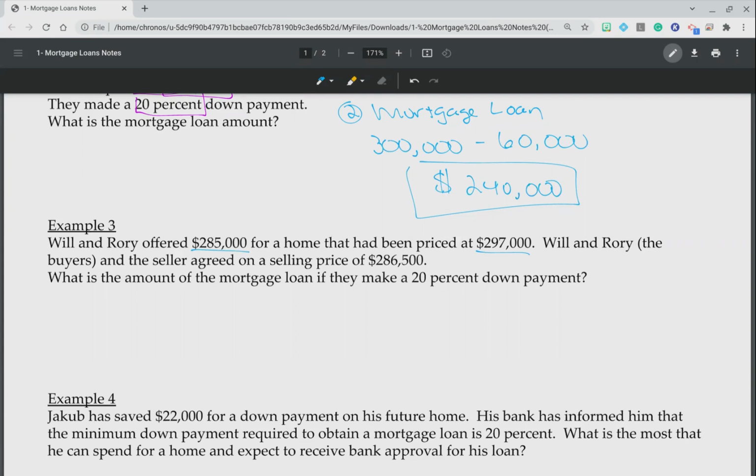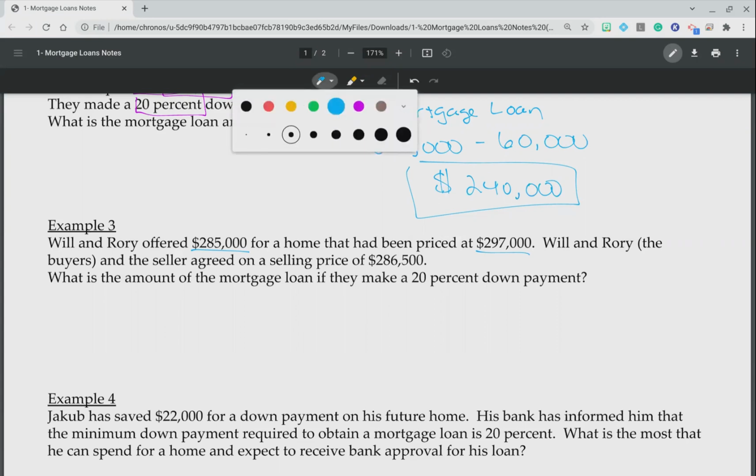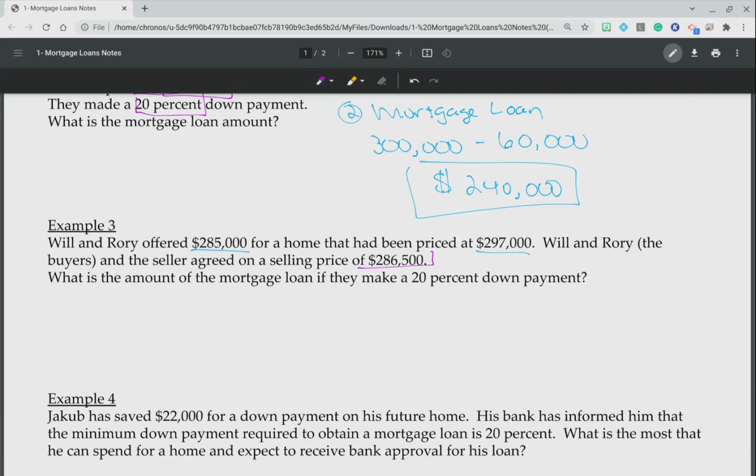But then the sellers came back to Will and Rory and said, okay, the lowest we're going to take is $286,500. And that was the agreed upon selling price.